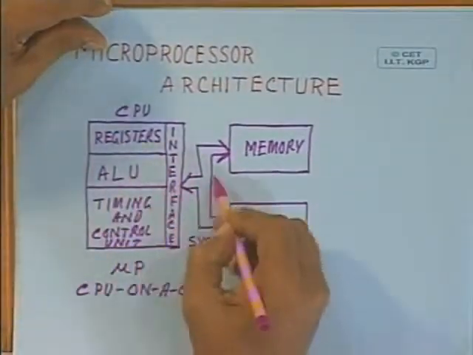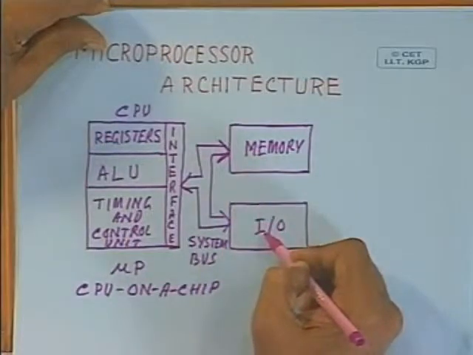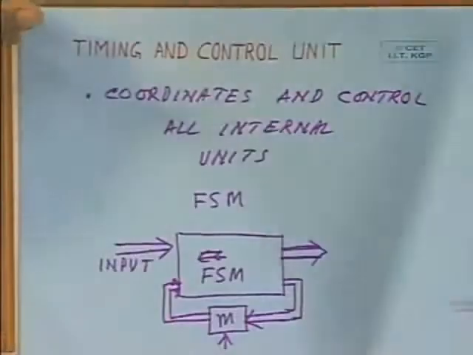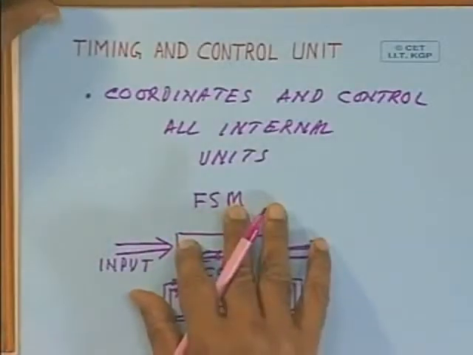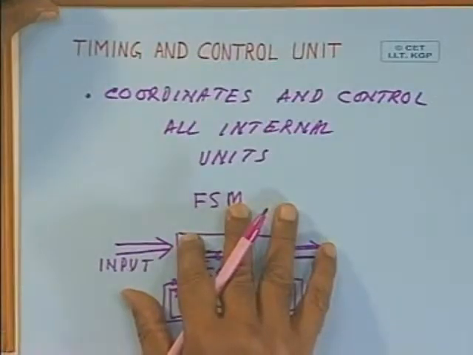It will also generate control signals for memory and input-output devices. Anyway, in this class, we shall not go into the details of how the control unit is designed, but we shall see how it works, how it is controlling the memory and input-output devices. We shall do that in the next class.